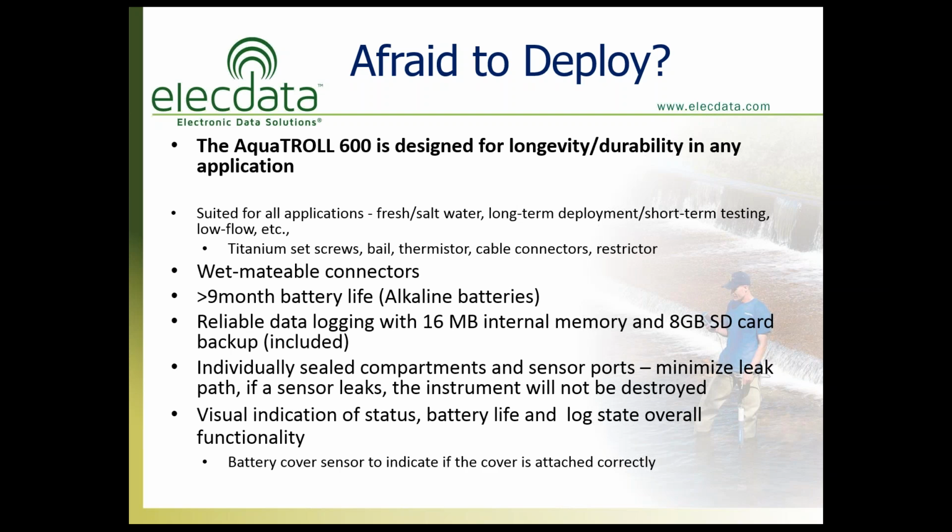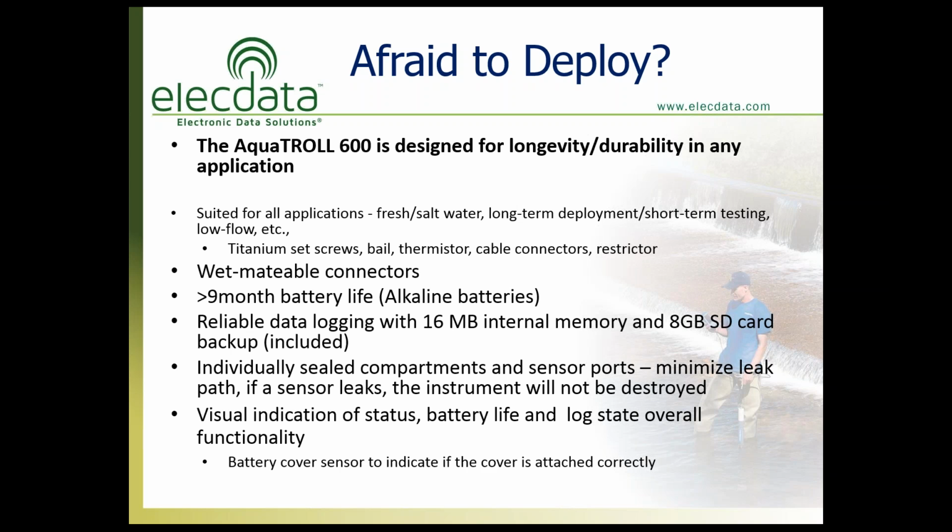You have 16 meg of internal memory, and it comes with a removable 8 gig SD card that can be removed and replaced. So it's a quick way to download data if you simply don't want to do a USB or Bluetooth connection in the field. Just pop out that 8 gig SD card, put in another card, and take it back to the office to download your data.